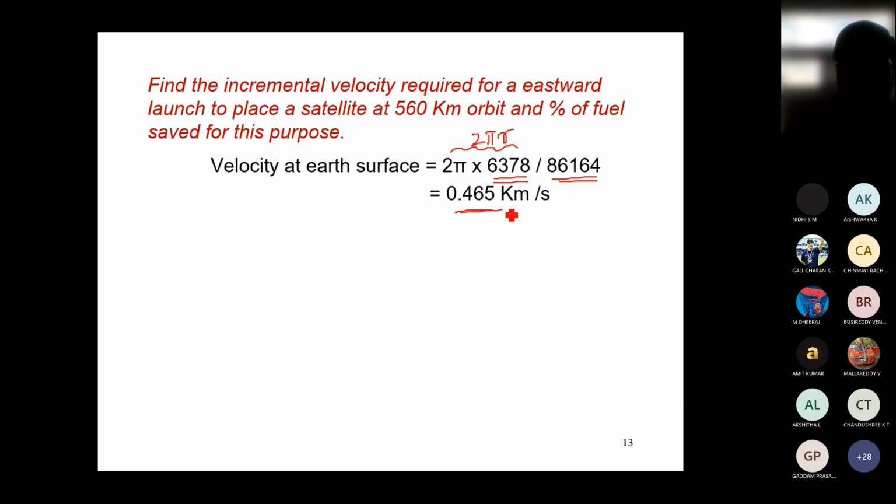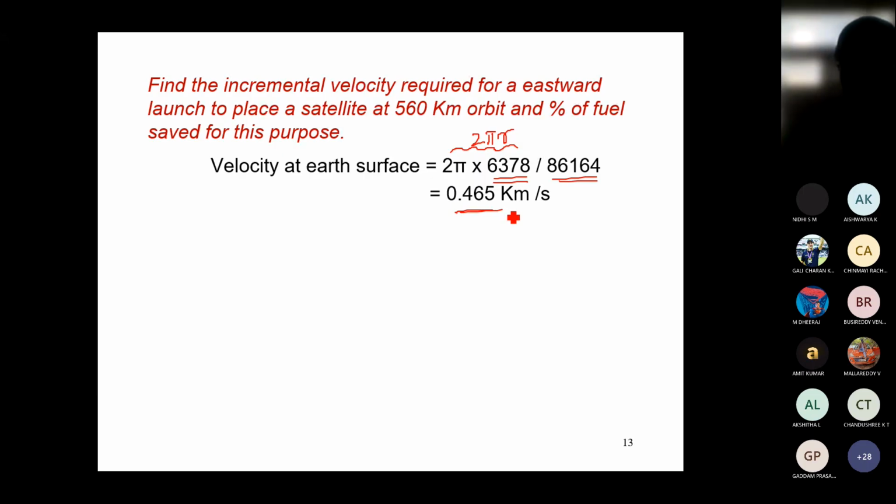Okay, so this is the velocity at which the Earth is rotating. Not only Earth, since we are also on the surface of the Earth, even if my house is stationary, my house is also moving at this velocity.